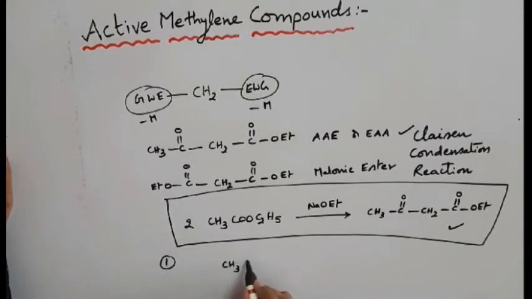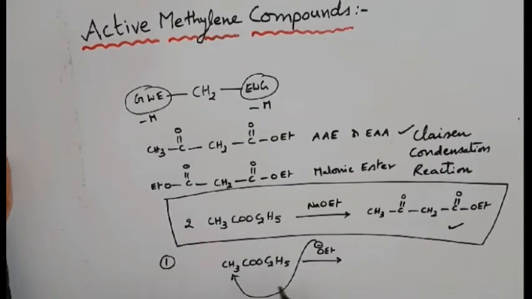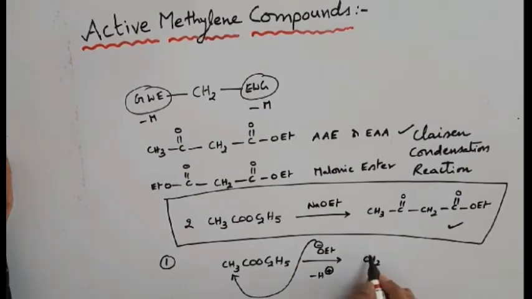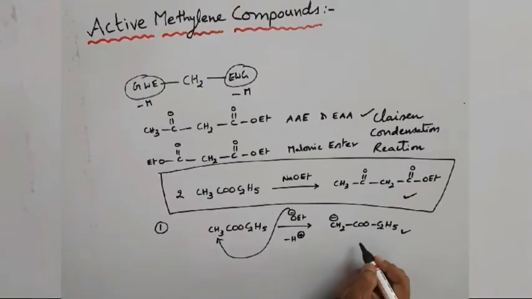CH3COOC2H5 is the ester taken, and this is treated with a strong base, namely ethoxide ion, EtO-. This comes and removes the alpha proton. When proton is removed, I am going to get the carbanion generated. So I am going to get CH2- COOC2H5. This is the species I am going to get. This is the carbanion intermediate.